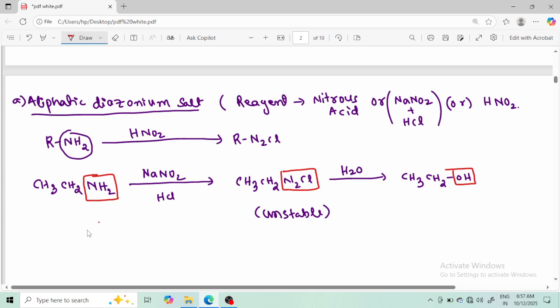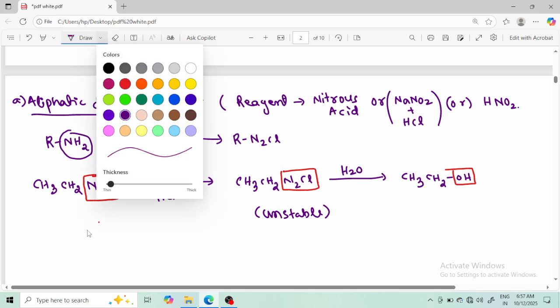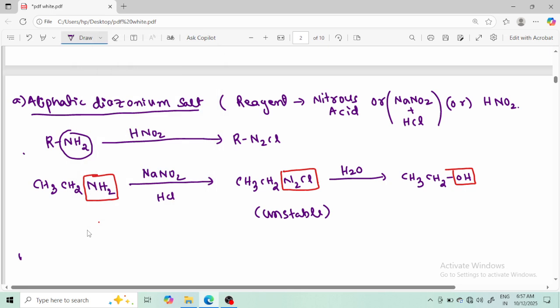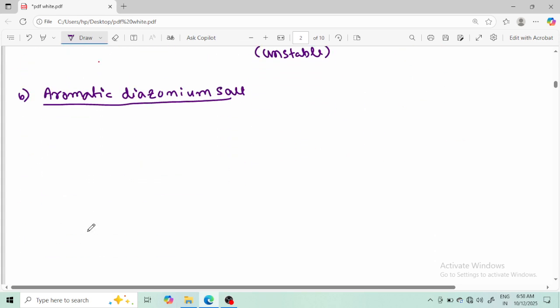Okay, now let's talk about aromatic diazonium salt. This is also same. Now in this case, aromatic primary amine will be used. There is NH2 and then this one.